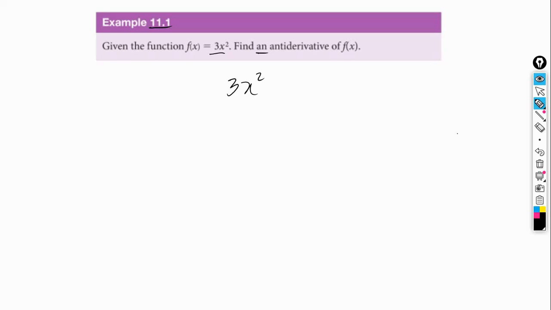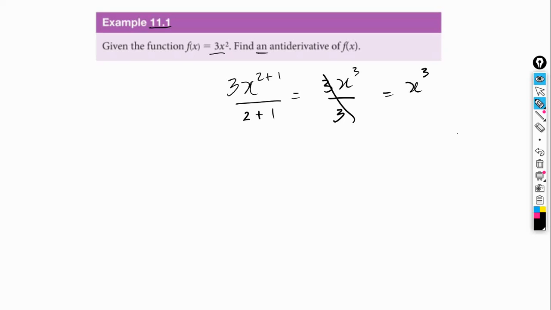For the antiderivative, in the cases of x to the power of something, what you do is that you add 1 to the exponent and then divide by that same new exponent. In this case, 2 plus 1. So what we're going to get here is 3 times x to the 3 over 3. And then this cancels out, and we get x to the power of 3.